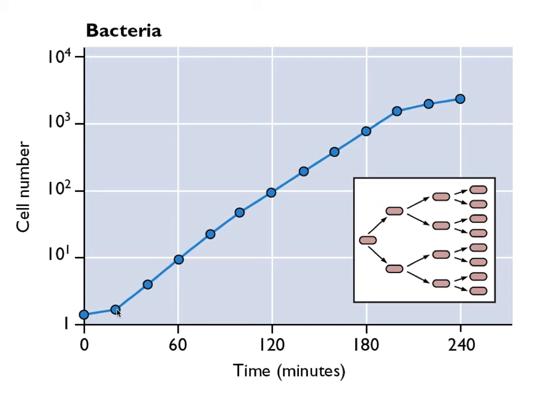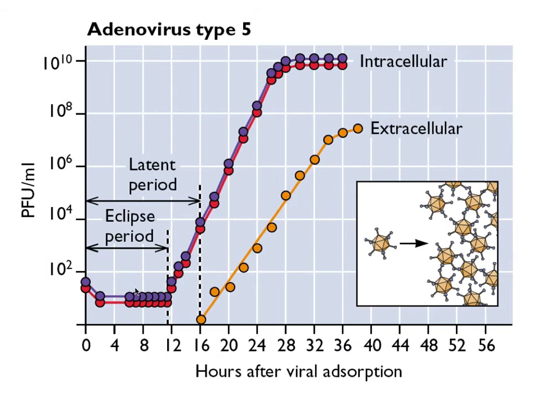They're simply dividing. And again, just to go back with viruses, remember there's an eclipse period during which you can't detect any infectivity. That's because new viruses are being made by making the parts and then putting the parts together. A fundamental difference between virus and bacteria. Viruses assemble by making the individual parts and putting them together.